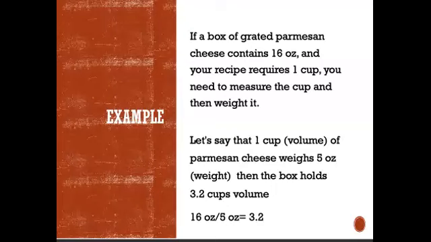I take the cup, I put, as I mentioned before, a little bowl on top of the scale, tare off the weight, then put your cup of Parmesan cheese inside the bowl, and the weight is going to be 5 ounces. So that means that out of 1 container, a 16 ounce box of grated Parmesan, you're going to obtain 3 cups and a little bit more, so 3.2 cups of volume.